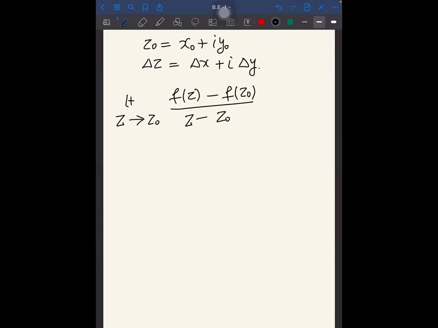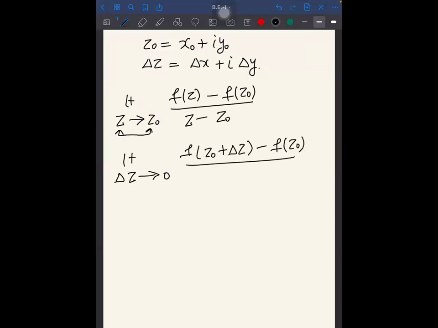In other words, this difference between z and z naught should go to 0, and that is delta z. So the limit as delta z goes to 0 of f of z naught plus delta z minus f of z naught upon delta z. Are you with me on this?